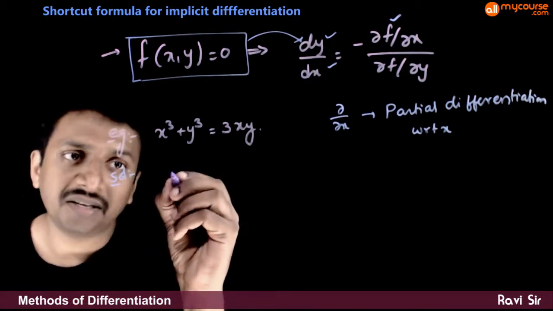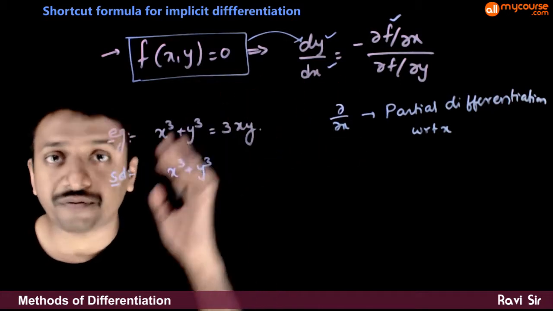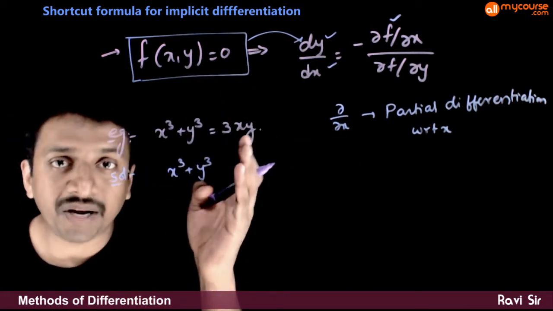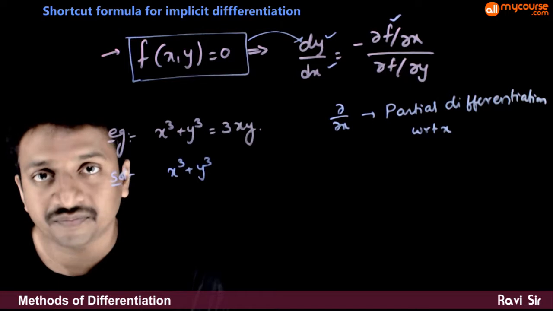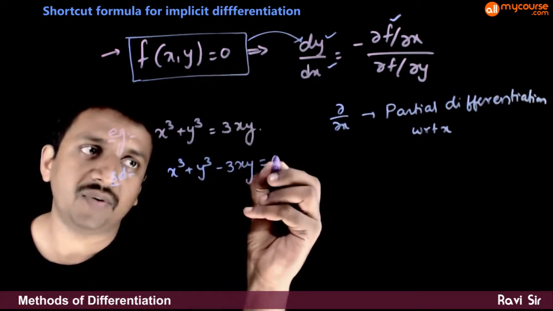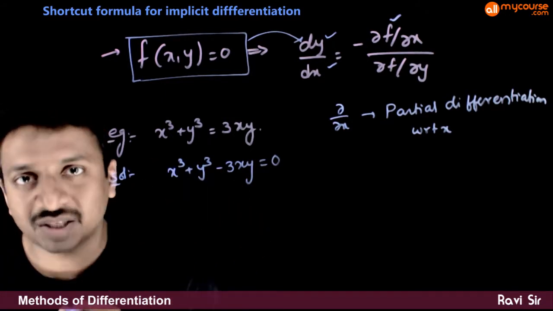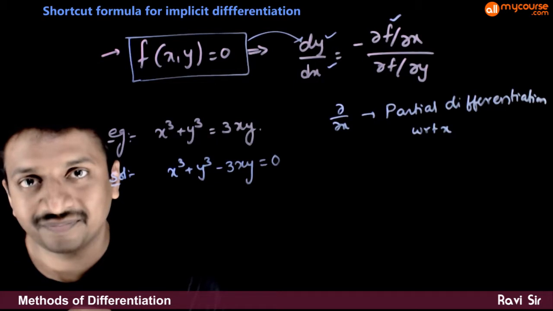So whenever you are thinking of applying this formula, you have to bring all the terms onto one side. So x cube plus y cube minus 3xy is equal to 0.